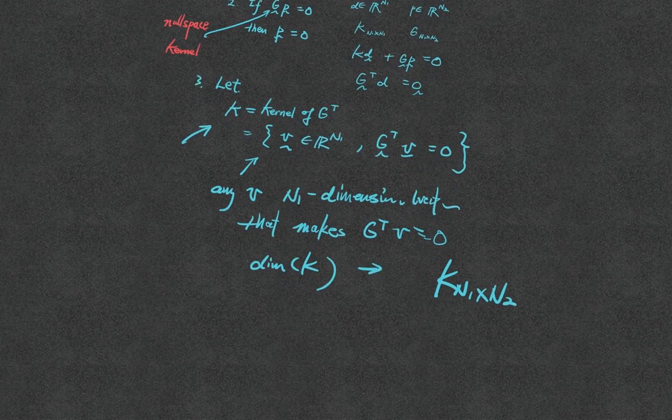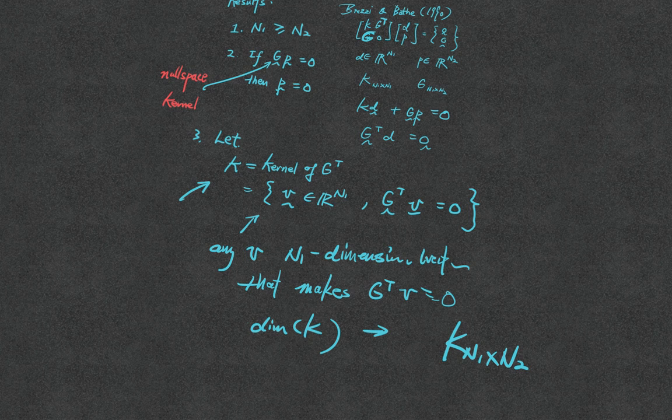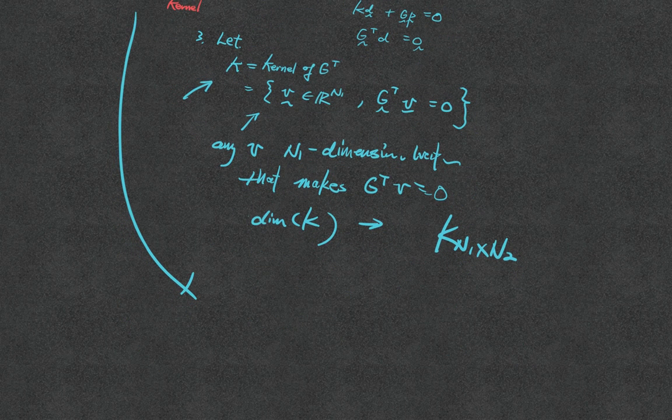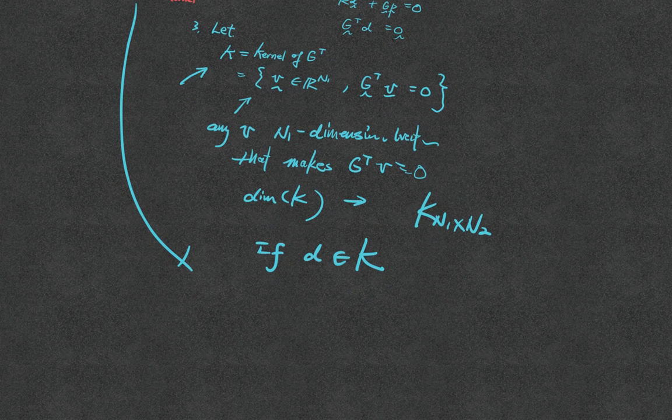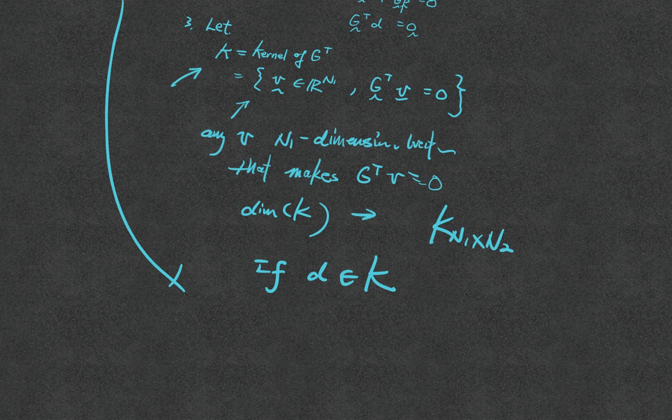It's a rectangular matrix. Now, there's also another condition we want. So first I define a kernel: the kernel is any V with G^T V equal to 0.